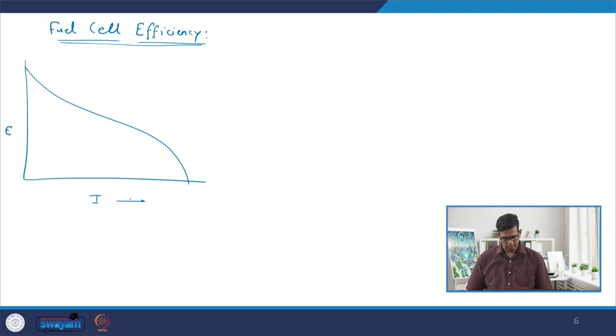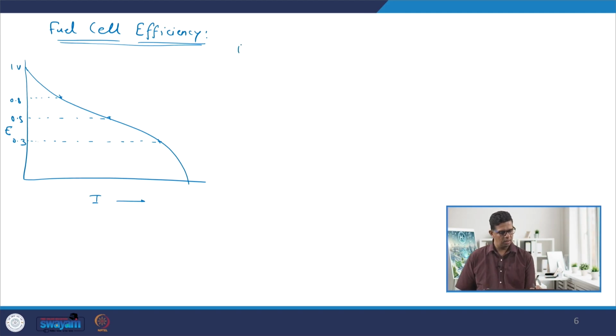We have, let us say, an open circuit potential of roughly 1 volt, and we will find out the efficiencies at 3 different points. So, these are my 3 different operating points. This is at 0.8 volt, this is at 0.5 volt, and this is at 0.3 volt.